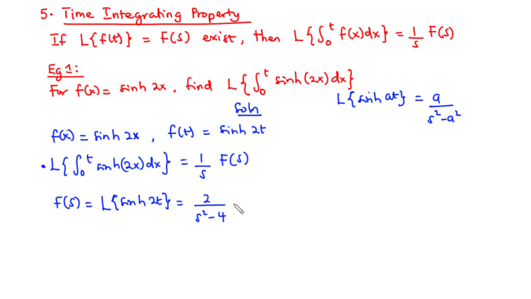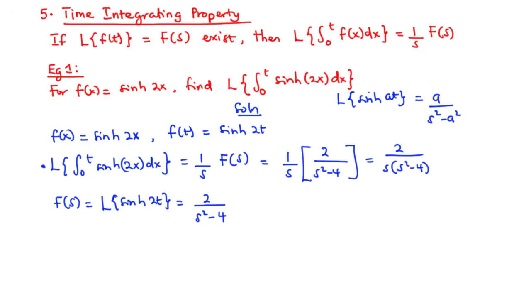So you are going to plug this in place of capital F of s, so that we have 1 over s times 2 over s squared minus 4, and that is equal to 2 over s into bracket s squared minus 4. This is the Laplace transform of the integral from 0 to t of sine 2x dx.